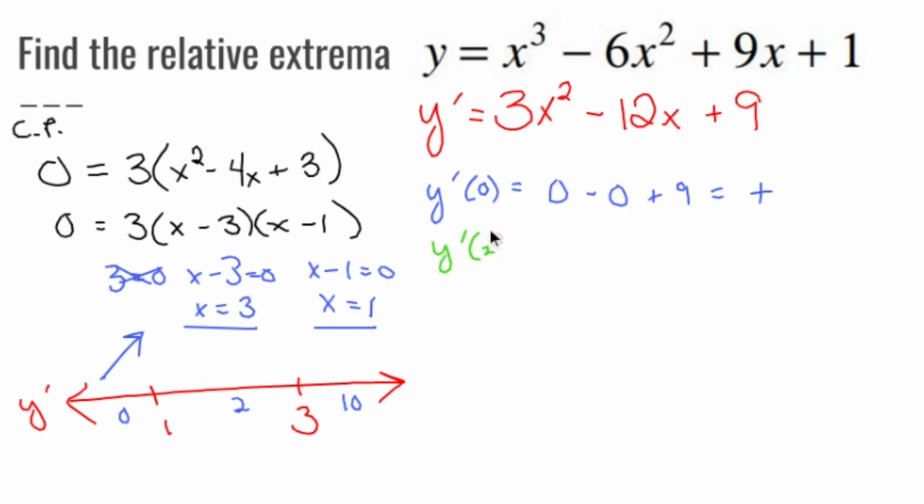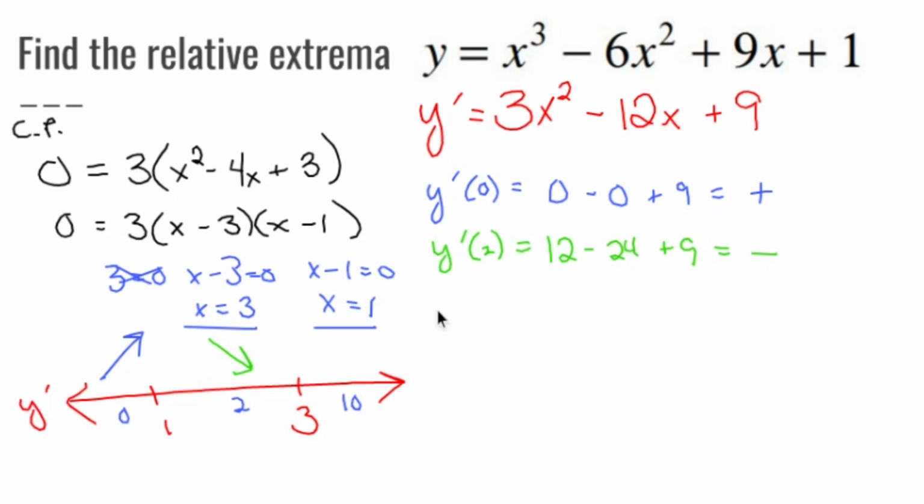Let's plug in 2. Y prime of 2 is going to be 3 times 2 squared, which is 12, minus 12 times 2, which is 24, plus 9, negative. So this is decreasing.